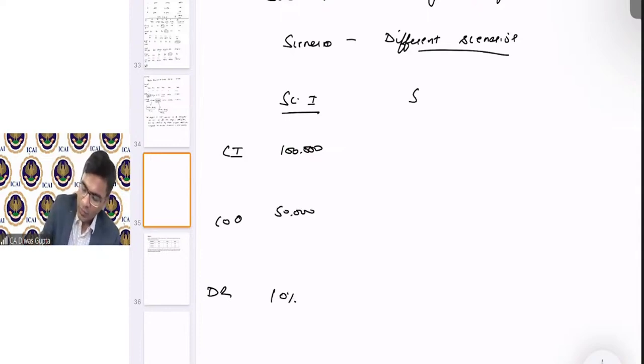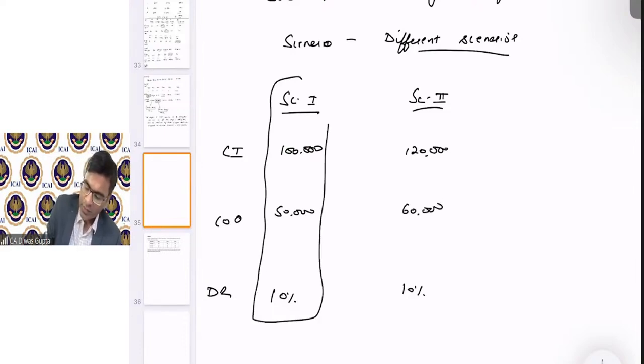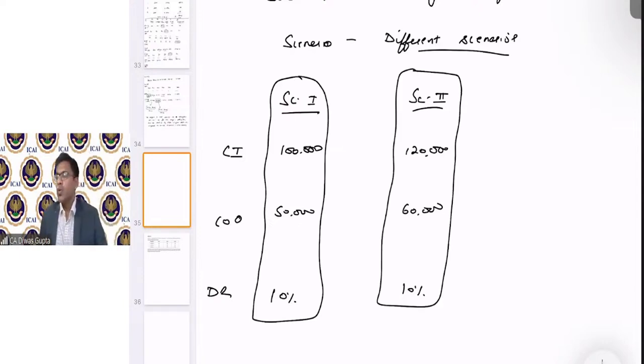Here scenario two will change all the parameters, right? All the inputs, 1,20,000, 60,000, and let's say it remains same. So this is one scenario and this is another scenario. We have to calculate NPV for this as well. That is where the scenario analysis comes. And then we have to compare both the scenarios. Okay, I hope this is clear.